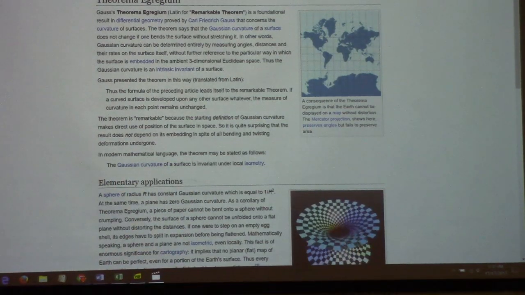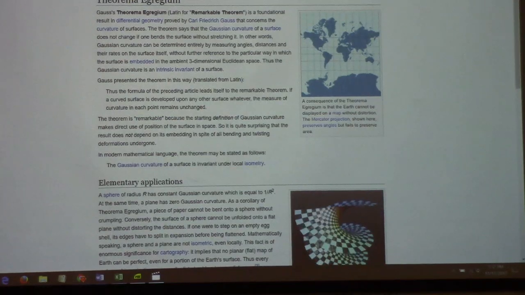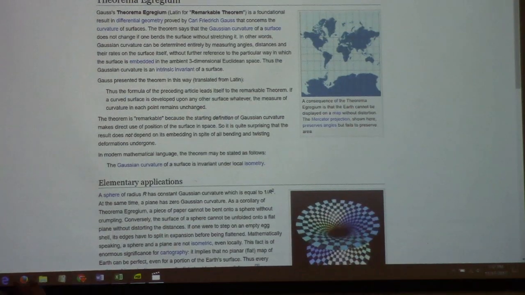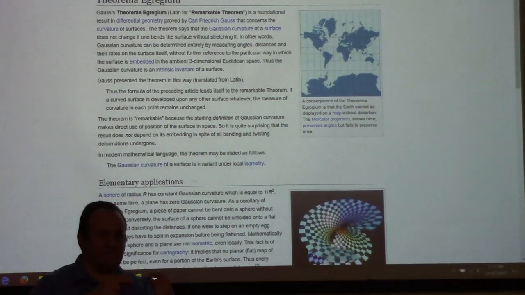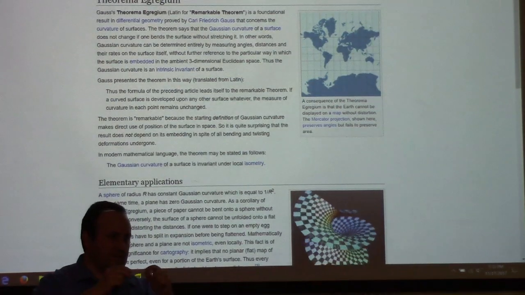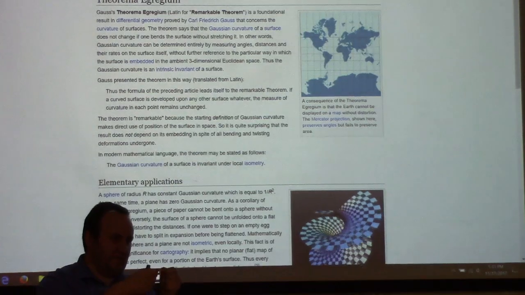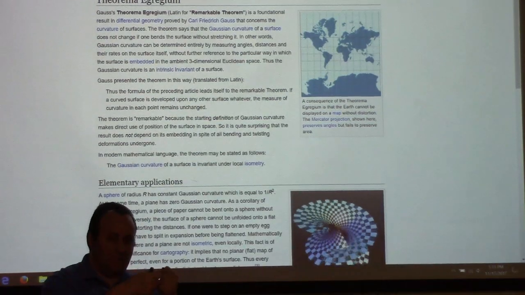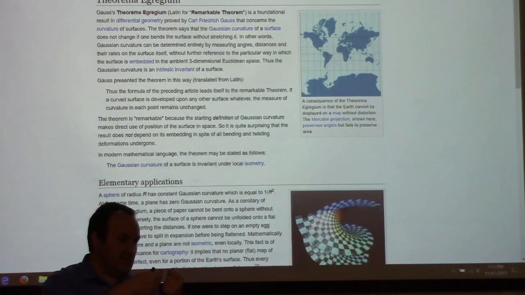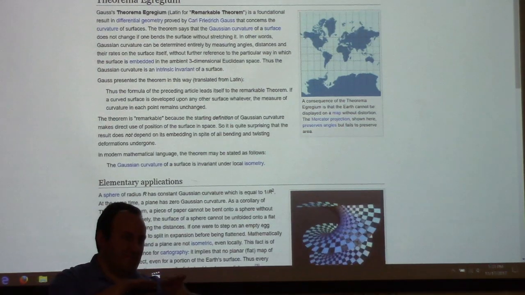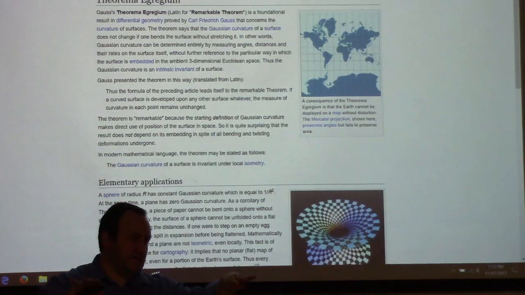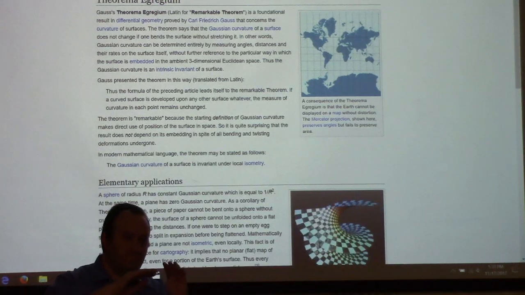And so, by the way, that means that there's no way you can smoothly, without tearing, so like losing a concept of local distance, right? Like changing the distance between points locally amounts to tearing paper. So Gauss's theorem implies that you can't make a flat map of the Earth, because we can calculate the Gaussian curvature for a sphere, and it's non-zero.